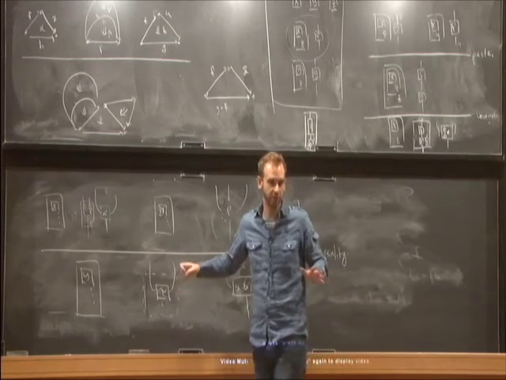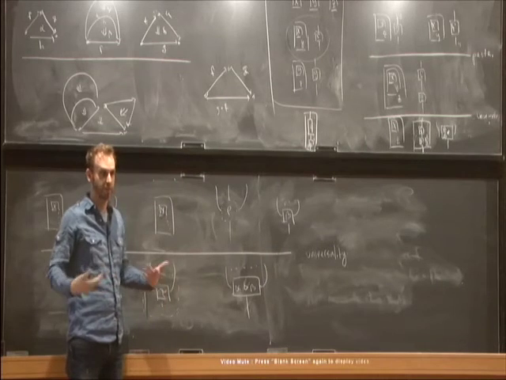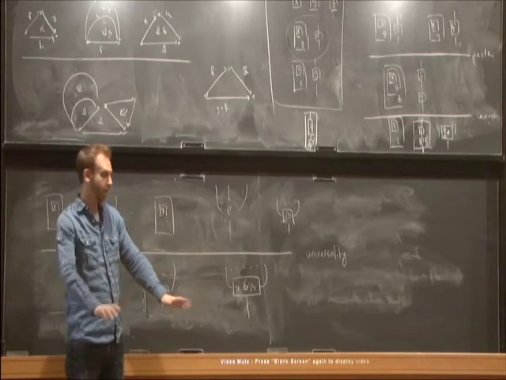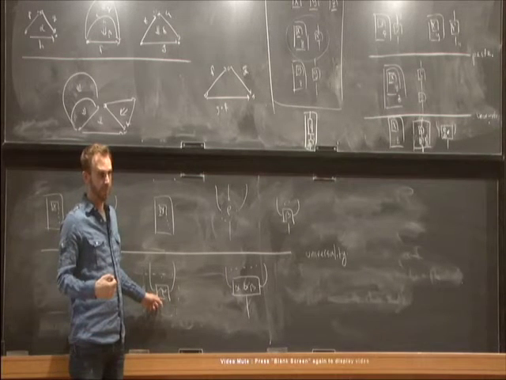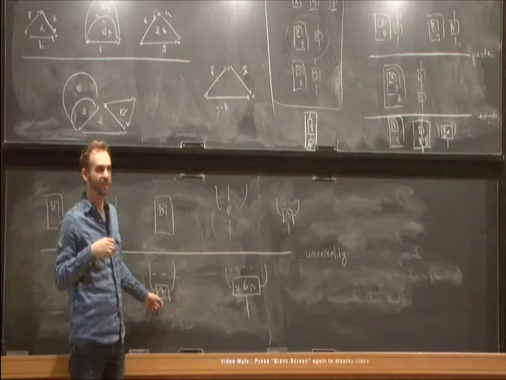So this is why people say with these opetopic models, composition is defined by a universal property. It's saying maps out of the pasting diagram are in bijection with maps out of the single cell.